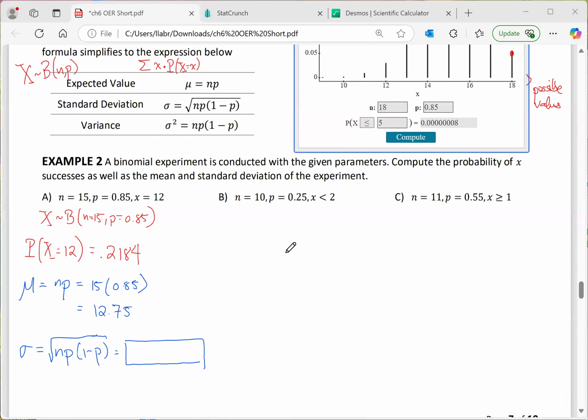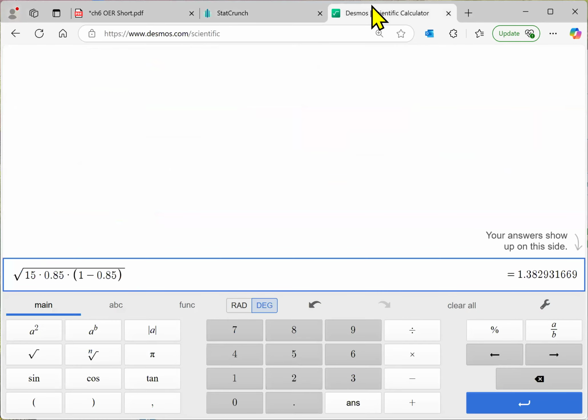I would actually recommend that you use the decimals calculator. You don't need a calculator, but you cannot use your phone when you take assessments. Here is the decimals calculator, decimals.com/scientific. We've got n multiplying with p, multiplying with 1 minus p, and then we take the square root of that. So there's our answer, 1.383.